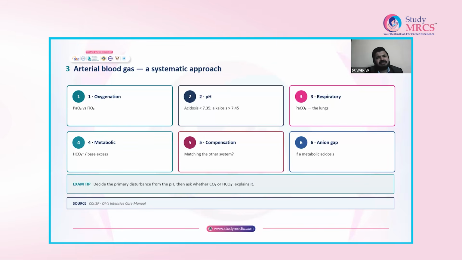Suppose if it comes less than 7.35, that means it is an acidosis. And if the pH is more than 7.45, that is alkalosis. Then comes the respiratory aspect, that is the PaCO2, which is controlled by the lungs. The metabolic parameter is the bicarbonate or the base excess. And the fifth aspect, you have to look for the compensation. And if it is a metabolic acidosis, you may have to calculate the anion gap also.